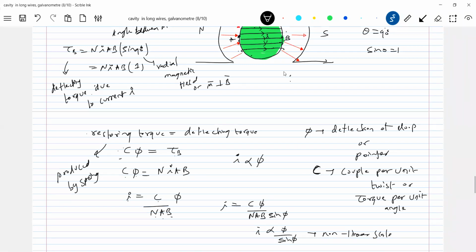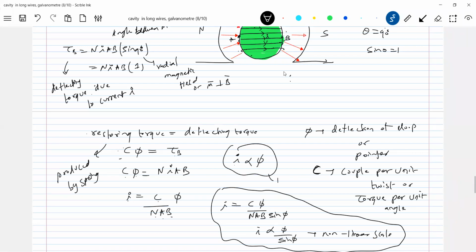This will become a non-linear scale, no? The radial field makes it linear. So you send current 1 milliampere, it will have a deflection of say 1 degree, 2 milliampere, 2 degrees, 3 milliampere, 3 degrees. But here it will not be like that. The scale will be non-linear. So therefore, how to eliminate that sine, the angle between M bar and B bar? By bringing in the radial field. So now this will be a linear scale.